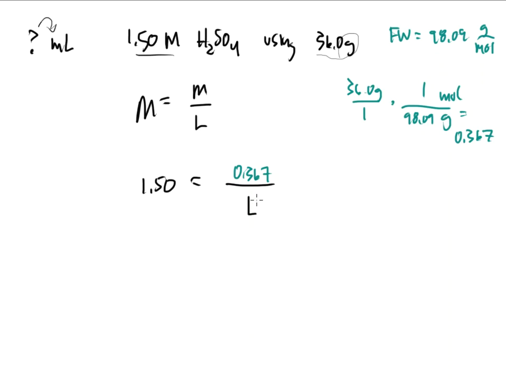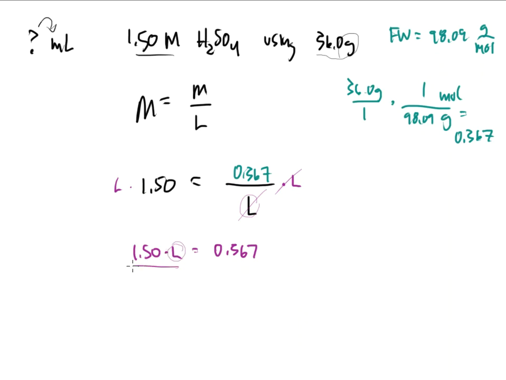Now, I need to solve for liter. I need the volume. That's what this question's all about. So I need L by itself. So I multiply by L, because that's divided by L, I do the opposite so that it can cancel out. But if I do one side, I have to do the other. So 1.50 times L is equal to 0.367. I need to get L by itself, so I need to get rid of that number.